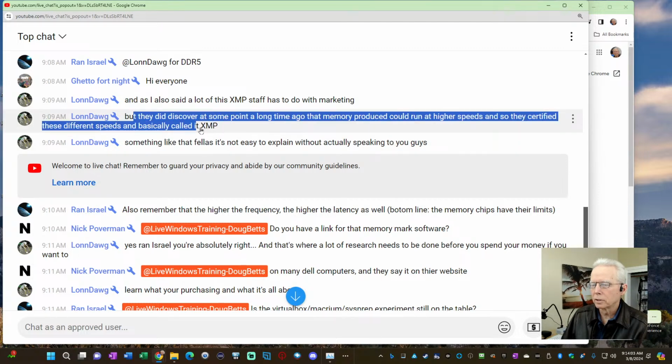Now, here's a question that came up for me, and I started researching a little bit. If my base speed was 2666, and this memory is labeled as 3600, can I buy 2666 memory that is not XMP capable, run it at 2666, and will that memory cost less than buying the 3600?